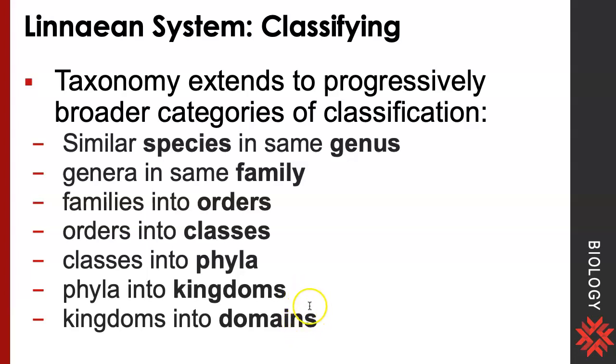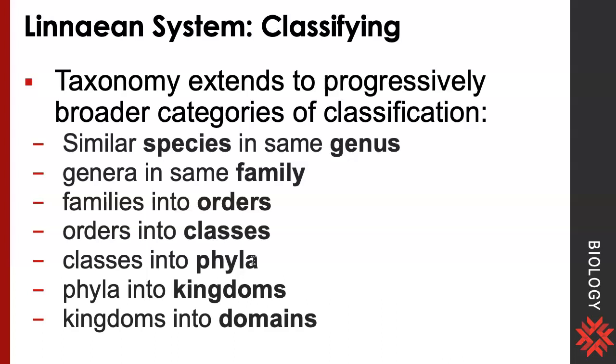So you can see here how we have this organized structure within this naming system. So at the bottom here, the largest scale is domains, and you go into these smaller groups, and there's going to be fewer and fewer species within them. So we go from domains, there are lots of kingdoms within domains. Within one kingdom, you are going to have multiple phyla, or the single form of that is a phylum.